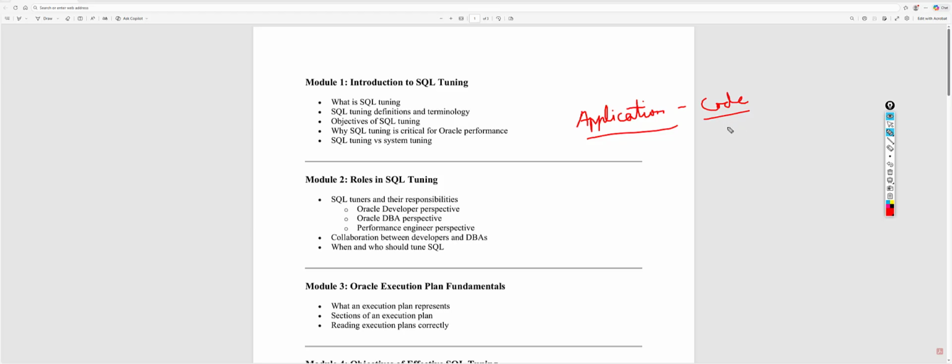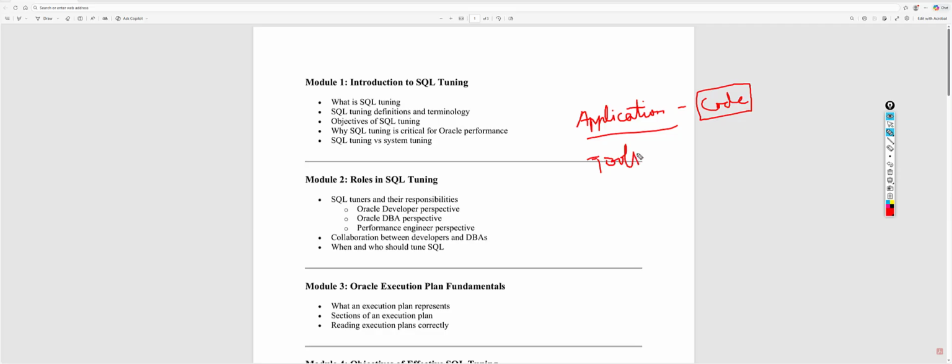Most SQL statements have performance issues because they don't ask for only what is required. They ask for more than what is required, but get only a few rows out of the whole picture. So this is one way of tuning. The other way of tuning is to use the tools.